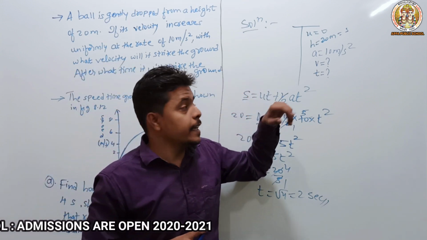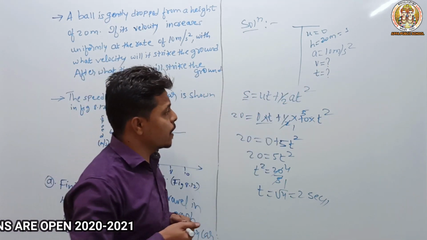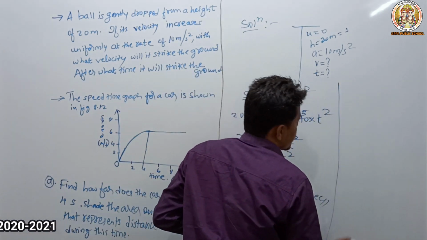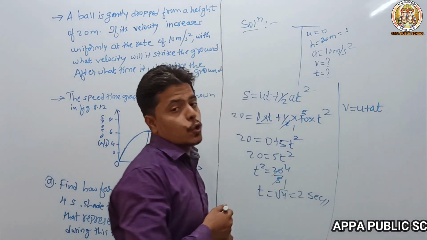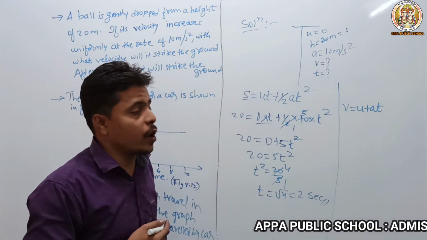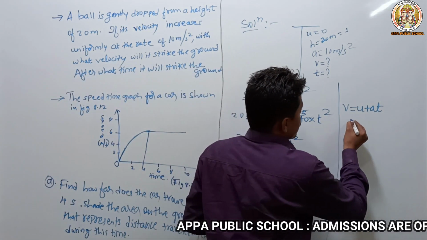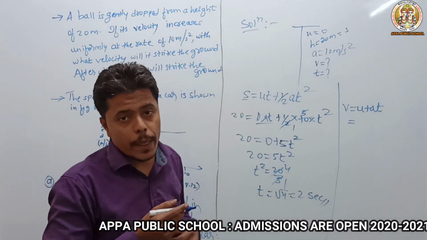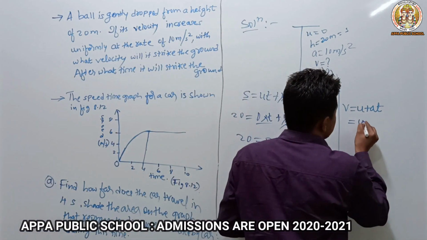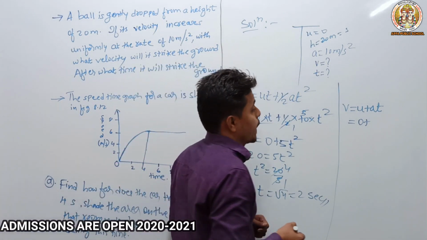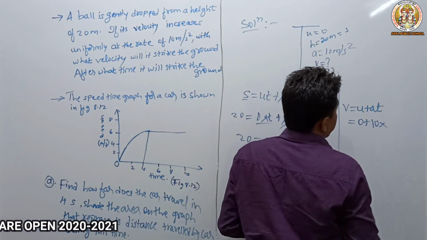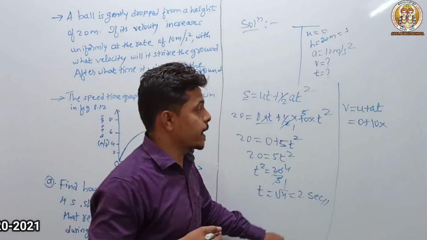Now we are going to find the final velocity. We can use v is equals to u plus at also. So v is equals to u, which is 0, plus acceleration, 10 meter per second square, into time, 2 seconds.